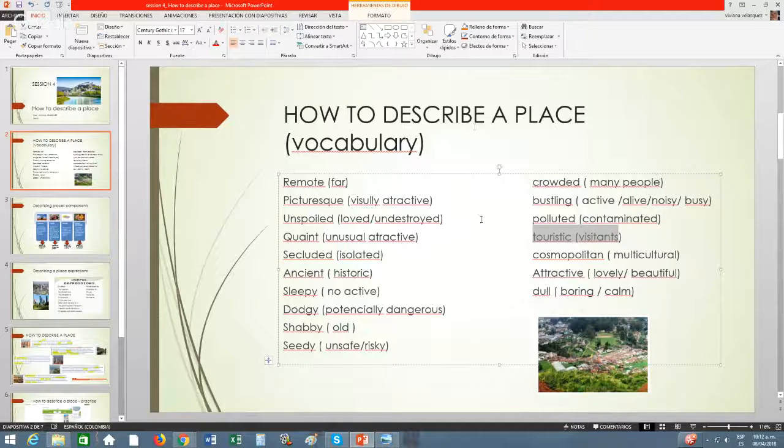The next one is cosmopolitan, which refers to when you can find different people from all over the world, and also refers to multicultural aspects. If you're from different towns, cities or countries, you can find a mix of all those cultural things. So, for example, Bogota is one of the most common ones.